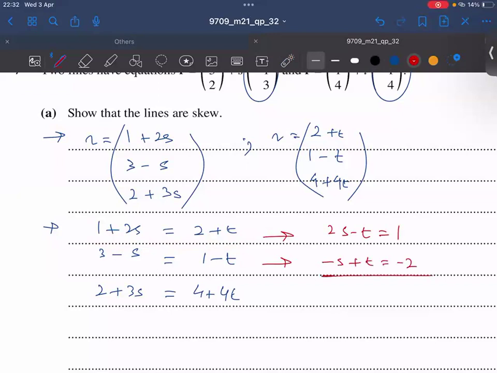I'm going to then add these up, so it's going to be s equals minus 1. And t is going to be equal to, yeah, 1 minus 2 minus 1 is minus 3. Yep.